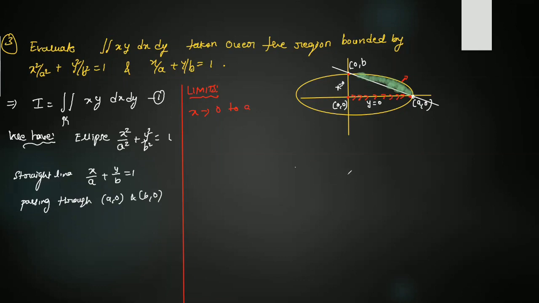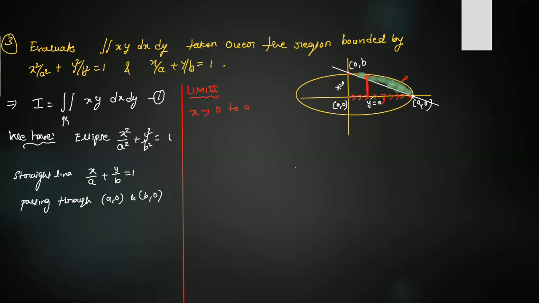Then y varies from where to where? 0 to upper region, upwards. You have to draw the arrow, from the straight line to the curve. You are drawing from here to here.